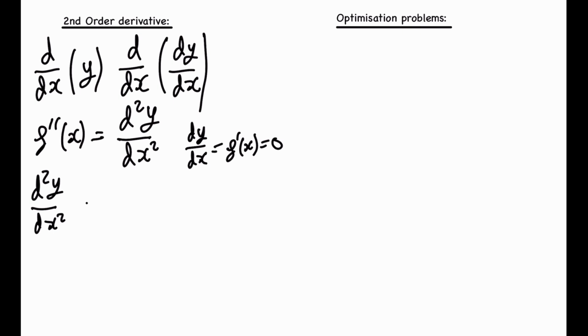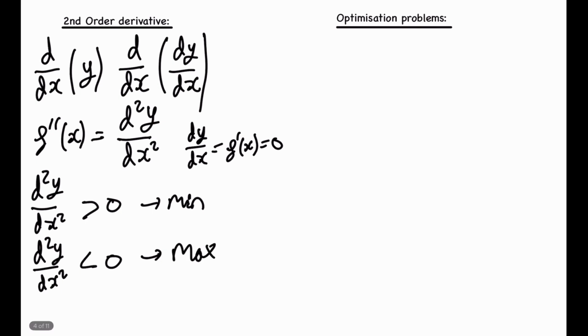If your value for the second derivative is greater than 0, then this is a minimum. If your d squared y over dx squared is smaller than 0 at this point, it would be a maximum. And for inflections, you would have d squared y over dx squared equal to 0.